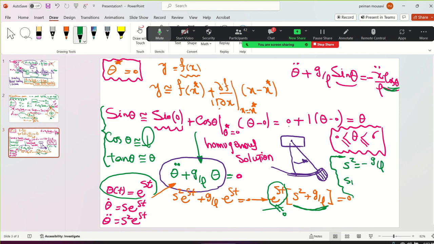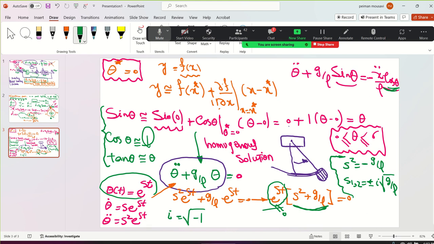So we have two roots, s1 and s2, equal to plus or minus i times the square root of g over L, because you know that i is a complex number, the square root of minus 1.